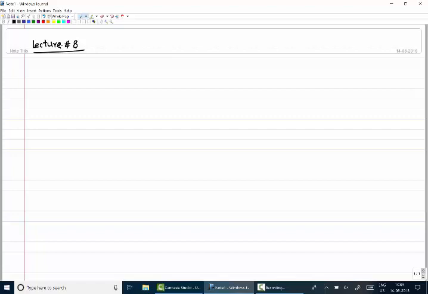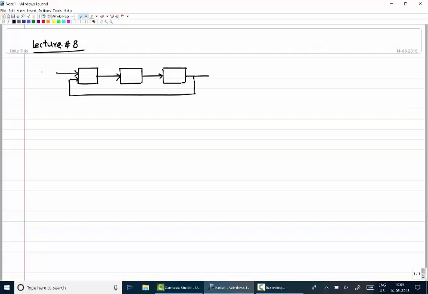Okay, so let me just redraw the block diagram of a PLL, and let me say what we are going to do next. We have input V in, where we want to consider only phase input.